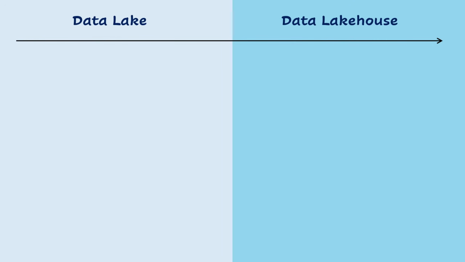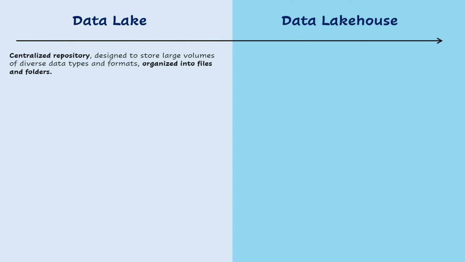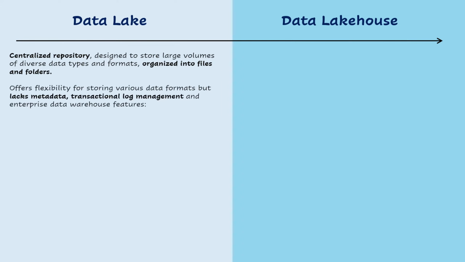To further enhance our understanding, and to clearly distinguish between a data lake and a data lakehouse, think of a data lake as a centralized repository, like AWS S3, Google Cloud Storage, or Azure Storage. It's designed to store large volumes of diverse data types and formats, all organized into files and folders. While it offers flexibility in storing various data formats, it lacks metadata and transactional log management.